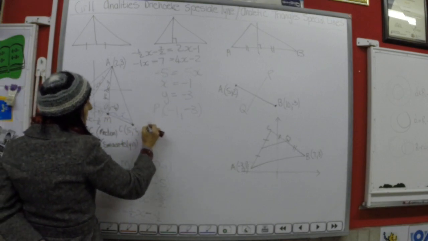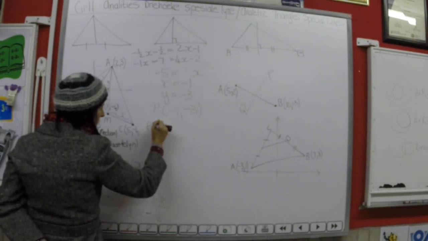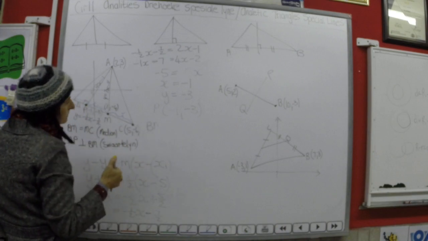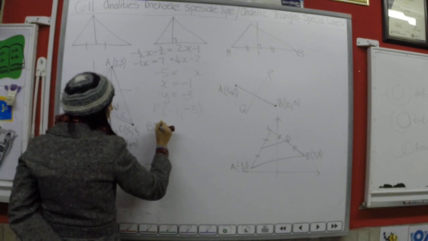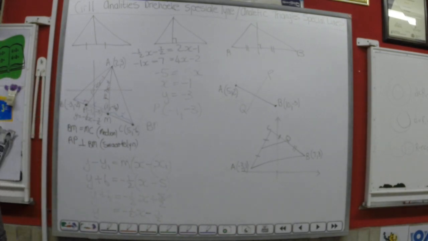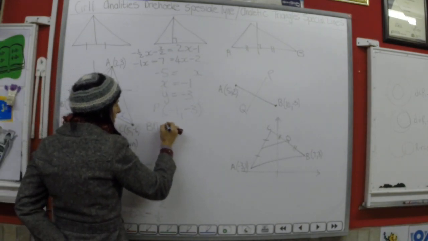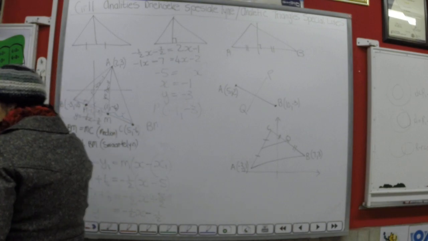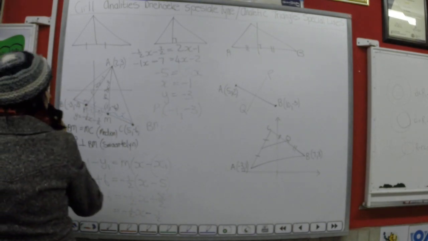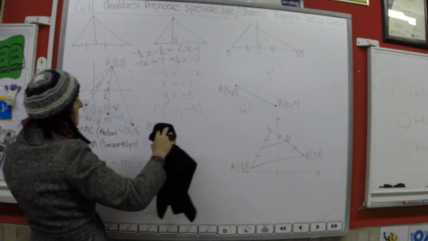The length of BM, so BM square. We've got BM square wat BM is presies die helfte van BC.